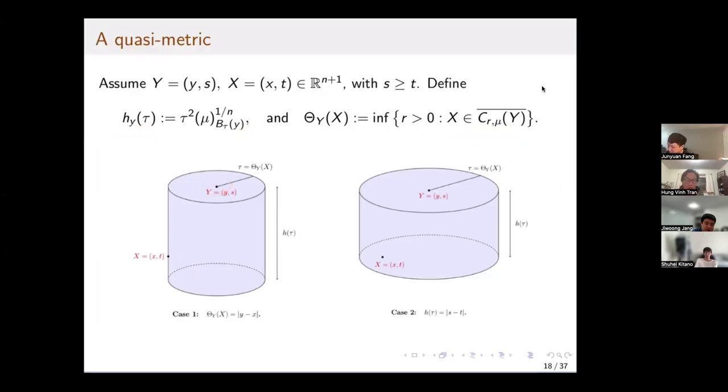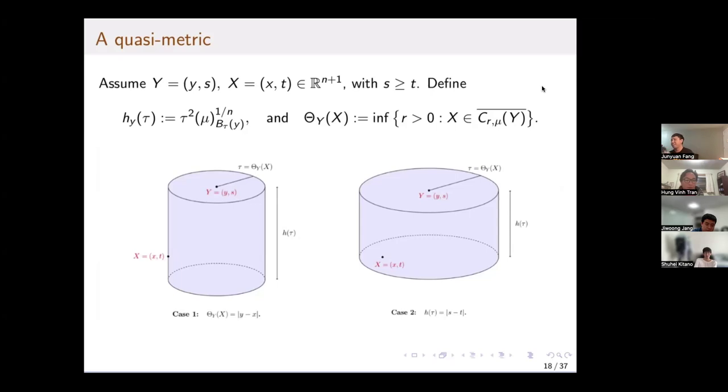How do we understand this? You can think we fix this y, fix this x, and we let this tau get larger, so you will have a larger cylinder. At some time, at the first radius r, the boundary will hit x.